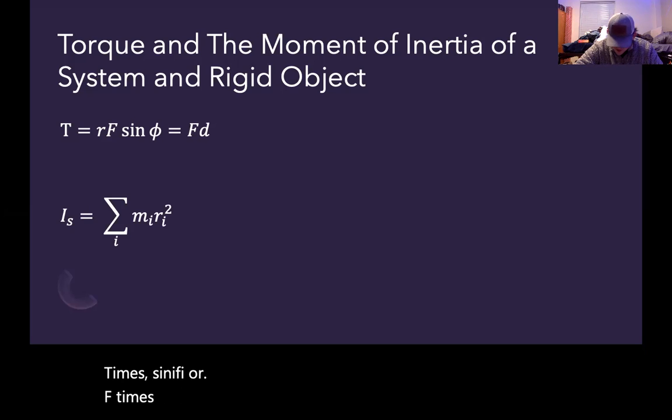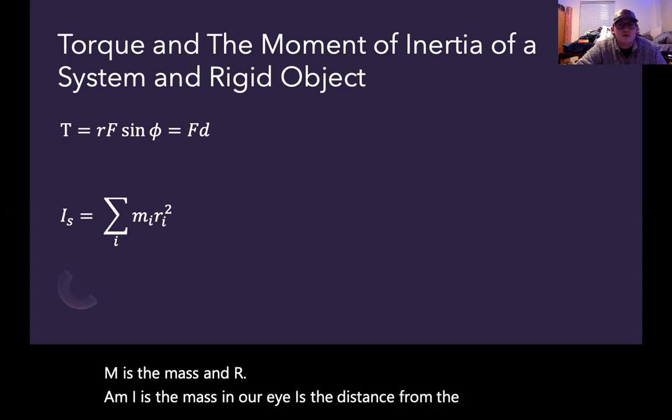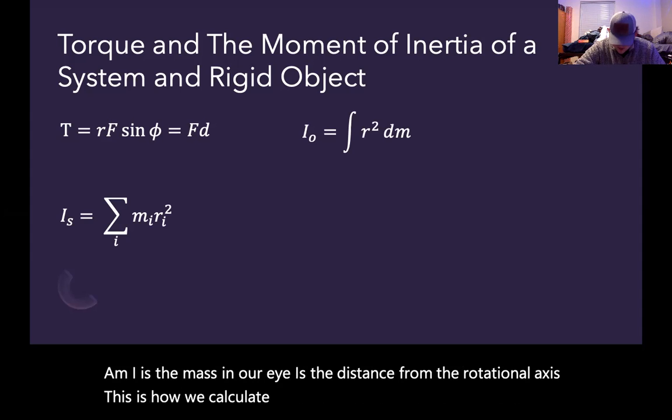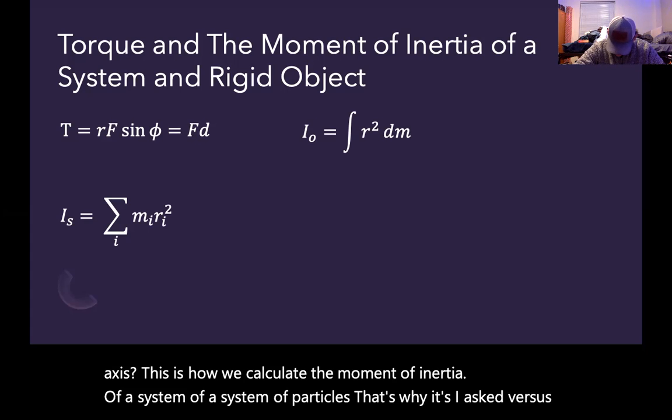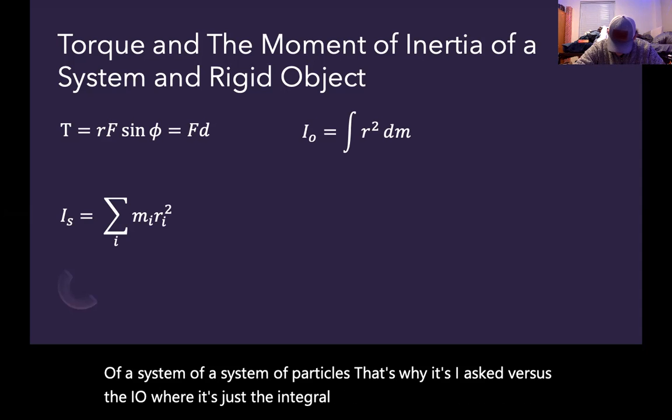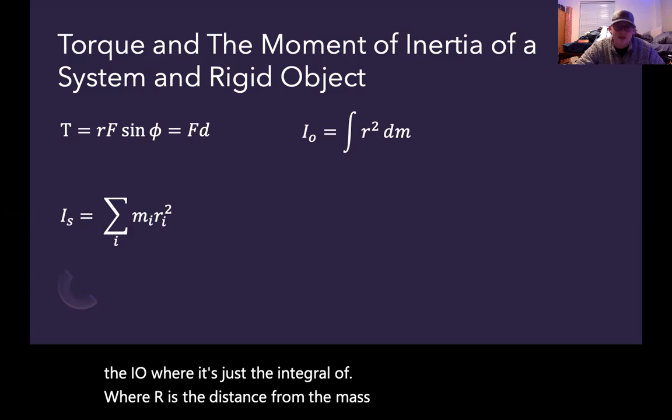Our moment of inertia, where m_i is the mass and r_i is the distance from the rotational axis, is how we calculate the moment of inertia of a system of particles. For a rigid object, it's the integral of r squared dm, where r is the distance from the mass element dm to the axis of rotation.